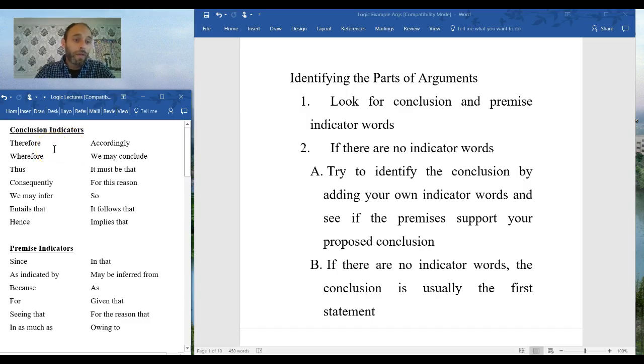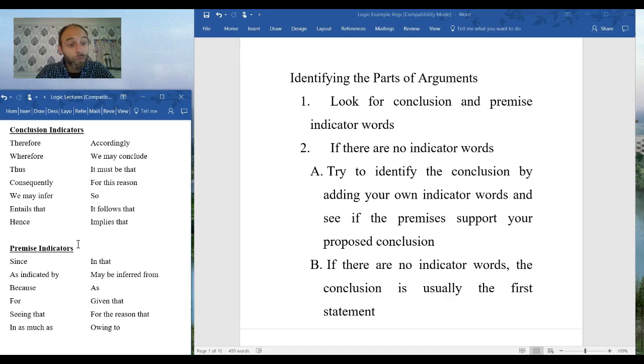So let's take a look at some popular conclusion indicator words. Therefore is very popular, maybe the most popular conclusion indicator. Wherefore, thus, consequently. If we skip around a little bit, you'll see words like hence and so. It follows that. All of these are going to be big red flags for you that the information that you're about to see is likely to be the conclusion. So then moving down to premise indicator words, we see words like since, as indicated by, because, for, if we skip around a little bit, as, or given that, or owing to.